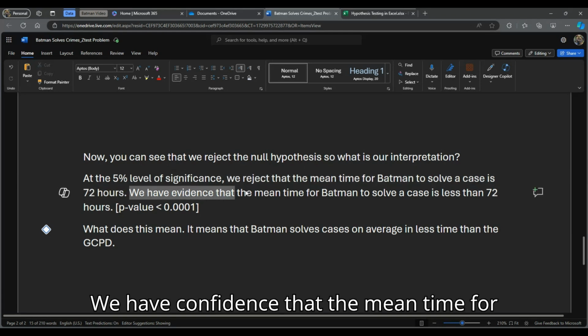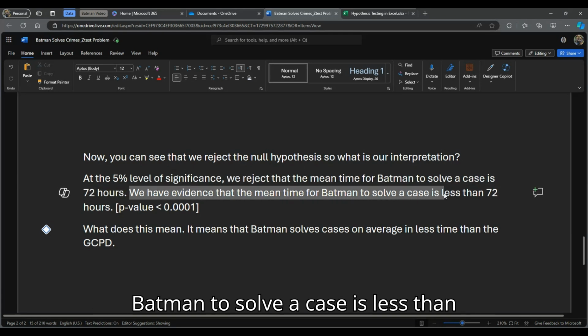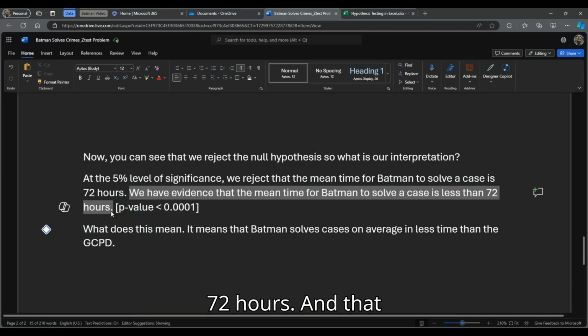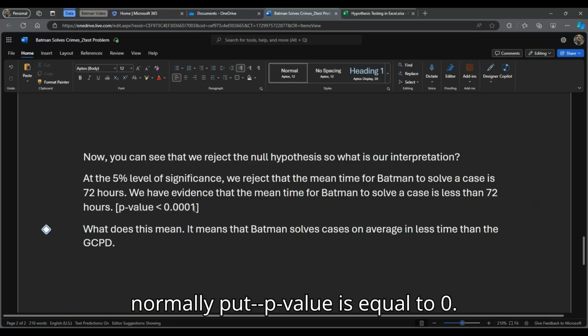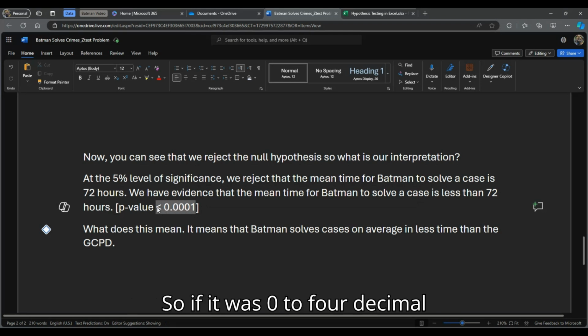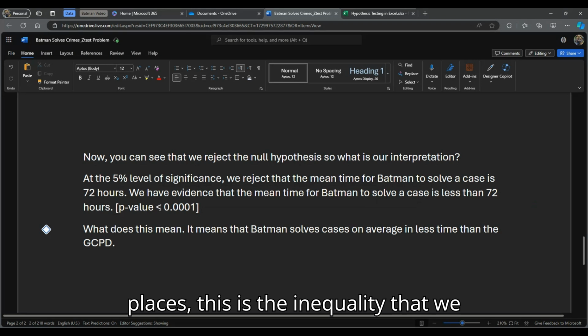We have confidence that the mean time for Batman to solve a case is less than 72 hours, and that p-value is less than 0.001. Now, we don't normally put p-value is equal to 0, so if it was 0 to 4 decimal places, this is the inequality that we would put.